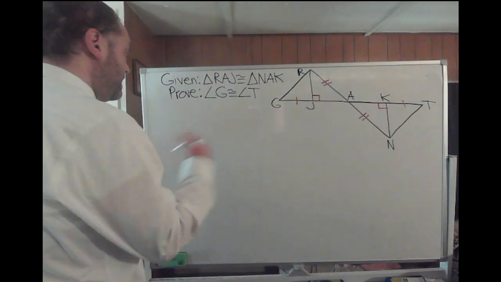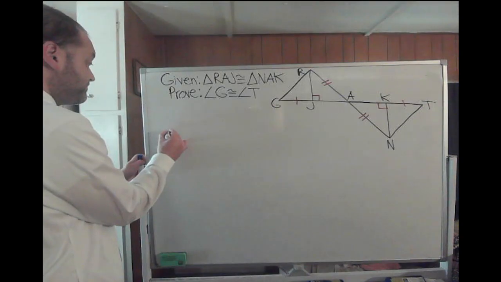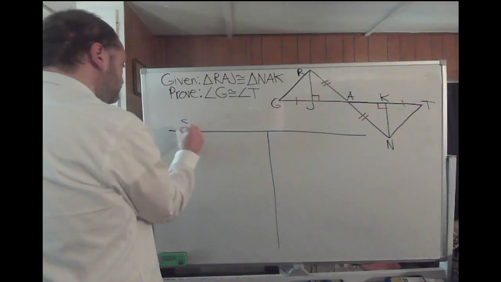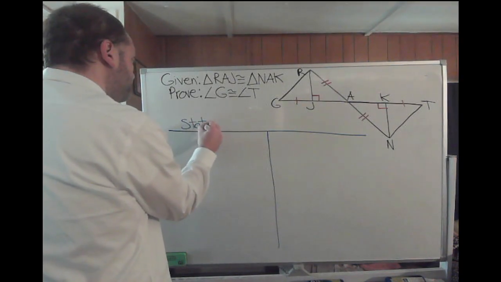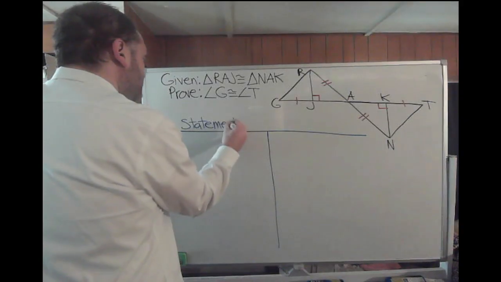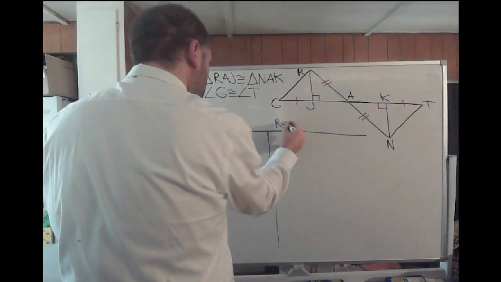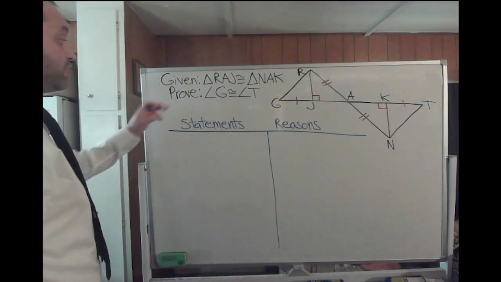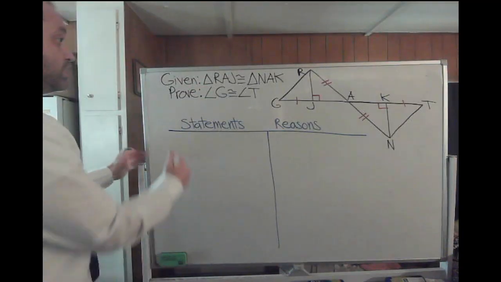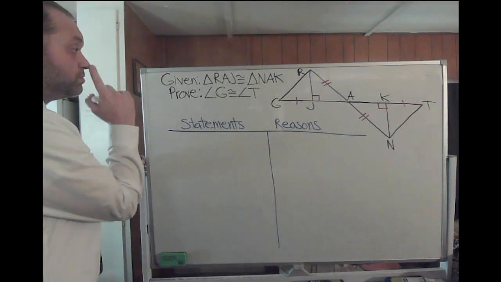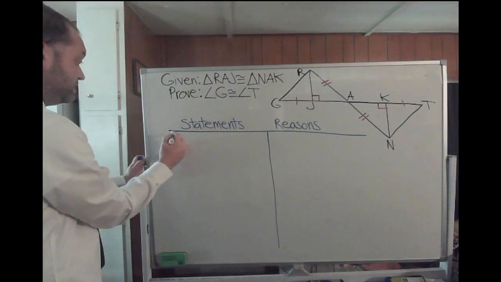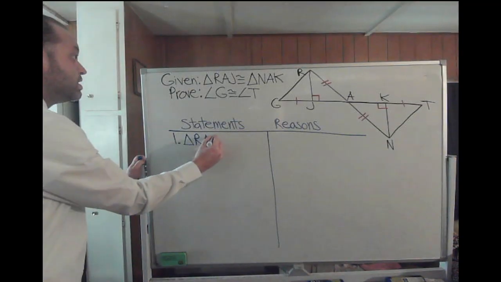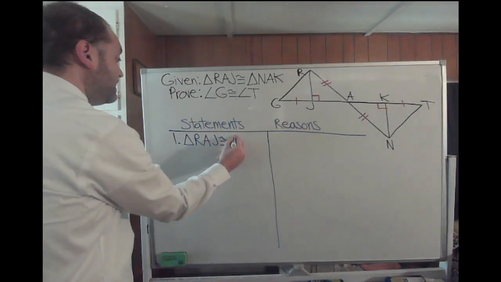Let's go ahead, set up our two columns again here. Okay, so let's start with our first piece of information here, that triangle RAJ is congruent to triangle NAK.